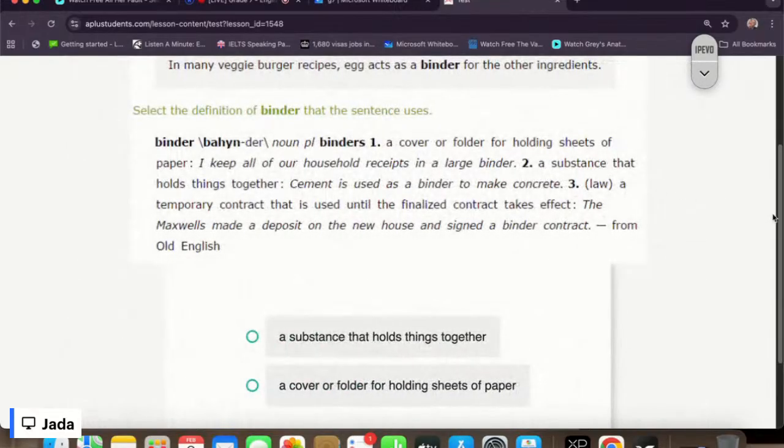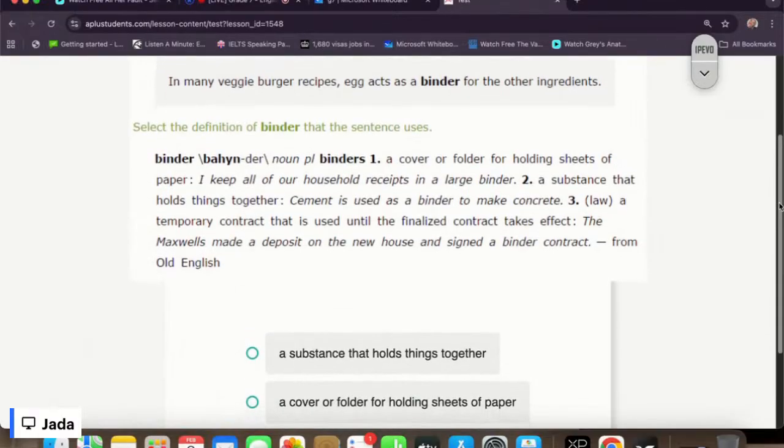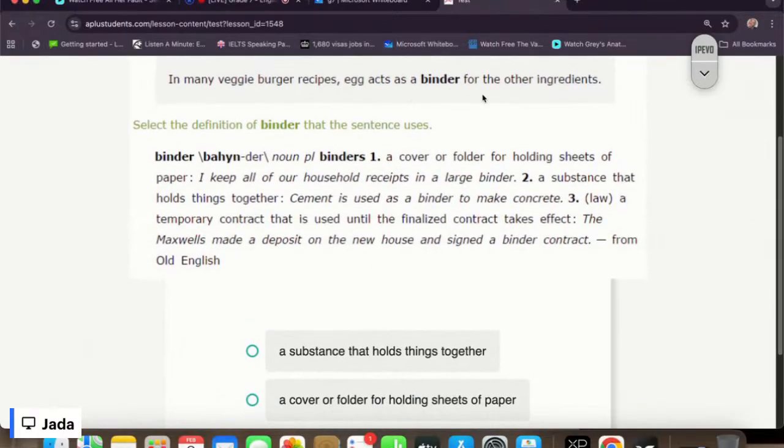Then in many veggie burger recipes, egg acts as a binder for the other ingredients. Is it the first, second?